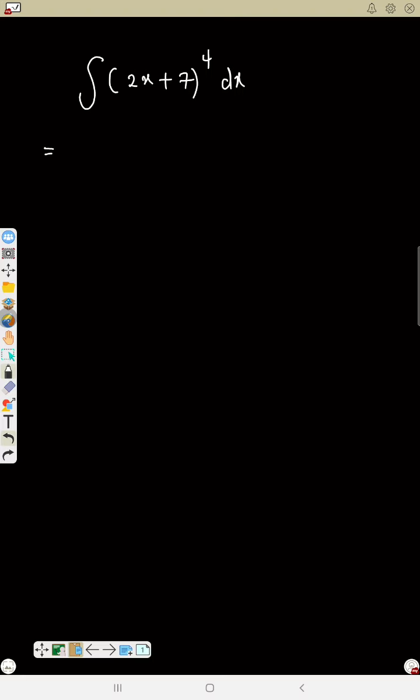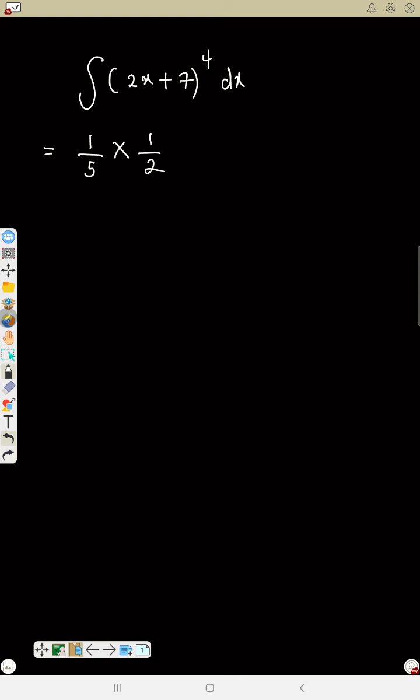So now to integrate, what is the first step? The first step is you add 1 to the power 4. That becomes 1 over 5. So if you add 1 to the power, 4 plus 1, 5. Turn it upside down. That 1 over 5 times. Now differentiate what you have in the bracket. 2. Turn it upside down.